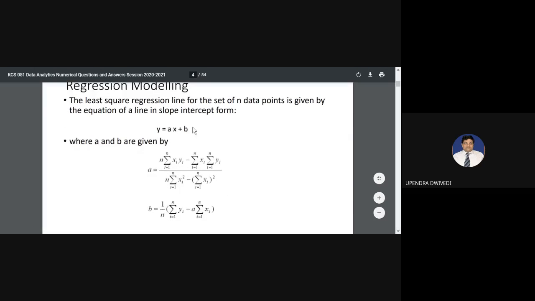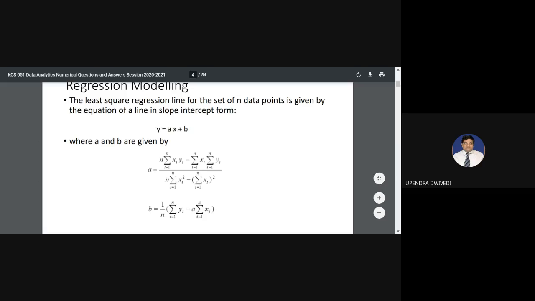So when we use the least square regression line for a set of n data points, the equation can be given by y equal to ax plus b. There are two coefficients here, one is a, one is b. x is the predictor variable which is available to you, and you have to predict y.